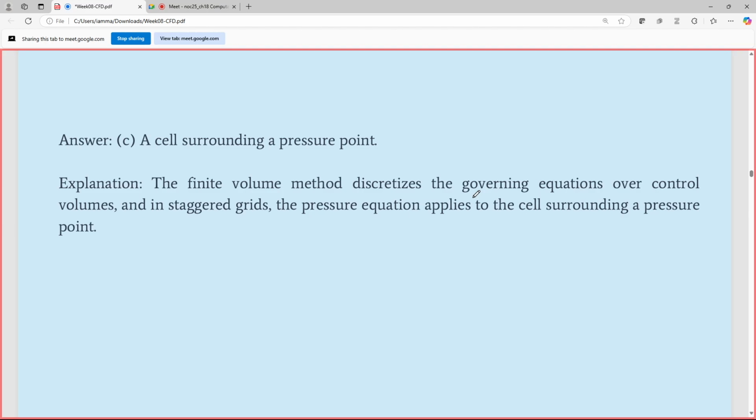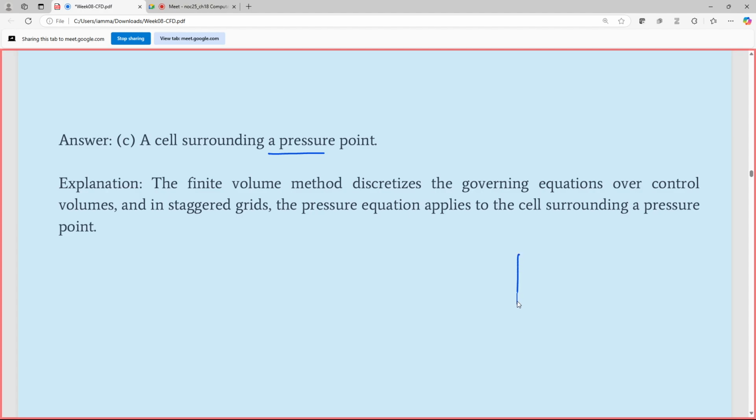Answer is option C, a cell surrounding a pressure point. The finite volume method discretizes the governing equation over control volumes, and in staggered grids, the pressure equation applies to the cell surrounding a pressure point.